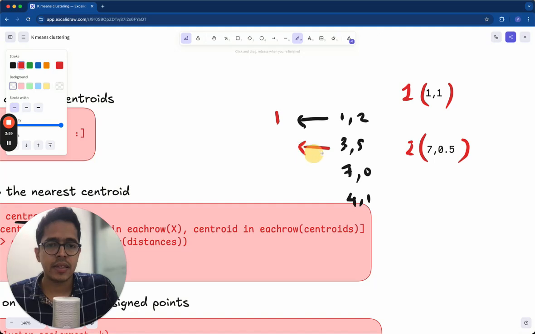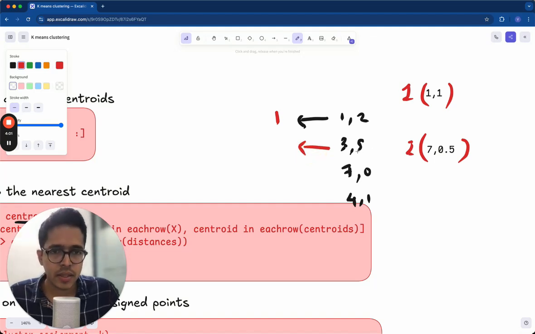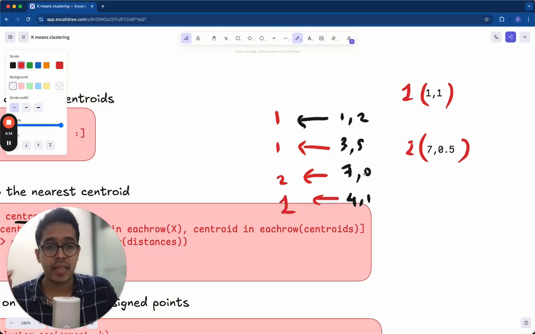This one will also belong to centroid 1. This will most likely belong to centroid 2, and this also belongs to centroid 1. I'm just doing quick math to see which of these two centroids these points are closest to.